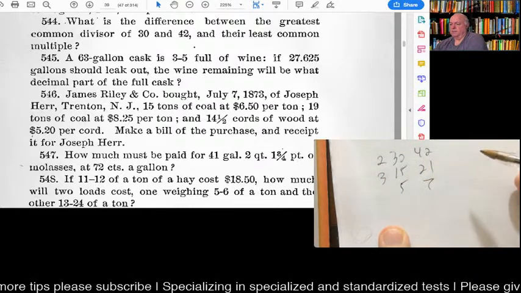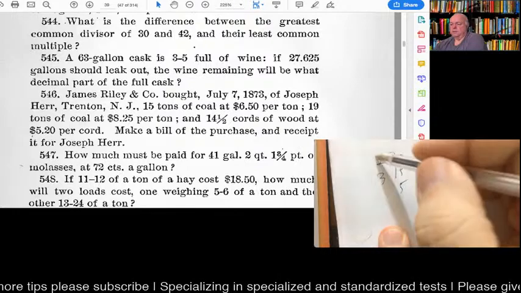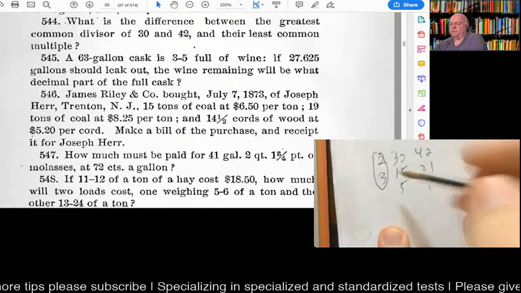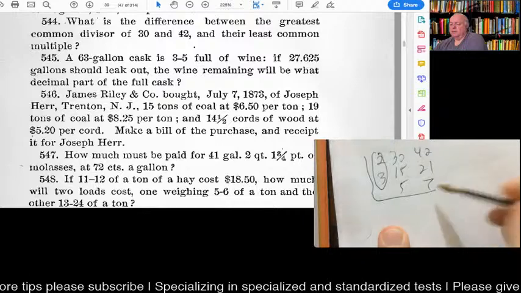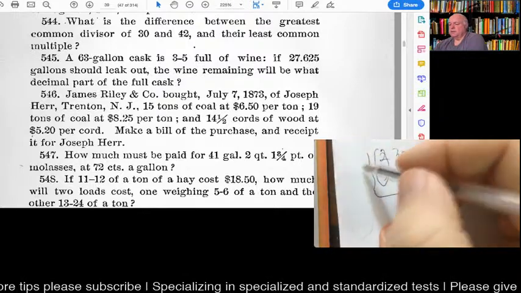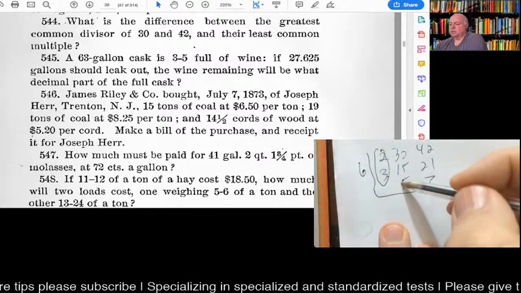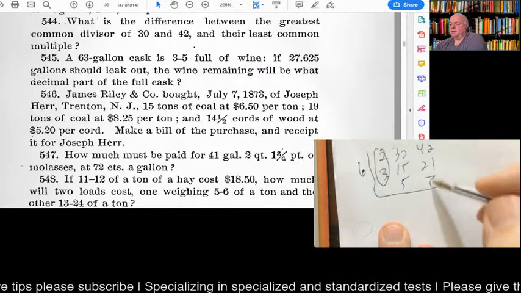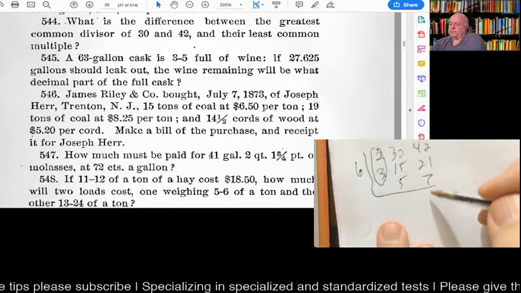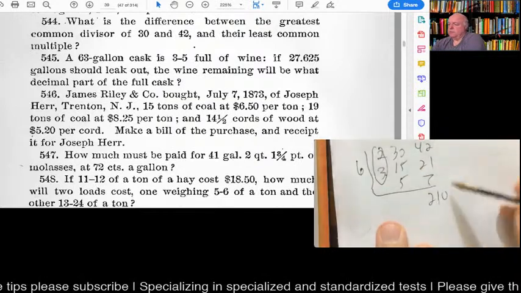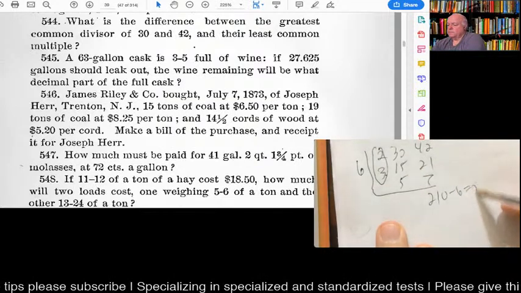We're done. Okay? So this is the GCF, and the L shape is the LCM. So this is 6, and this gives us 6 times 5 is 30, and then we get 210, and then we subtract, and we get 204.